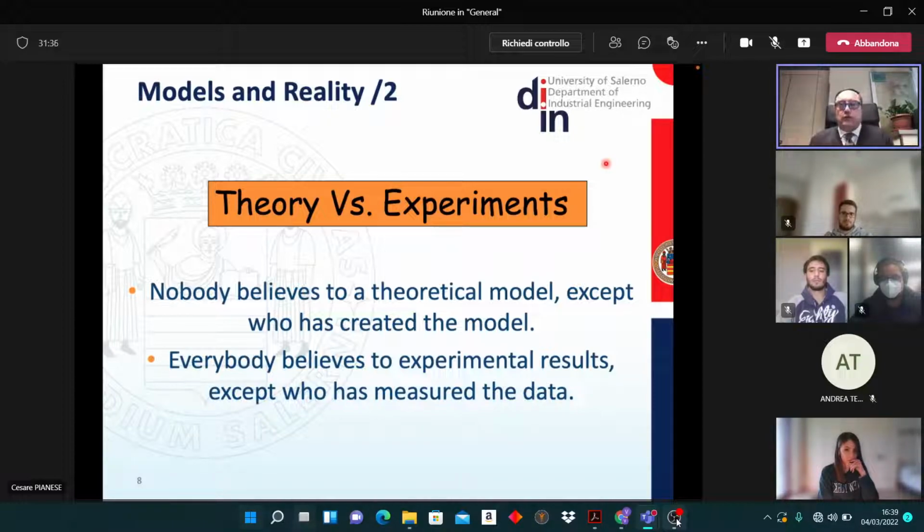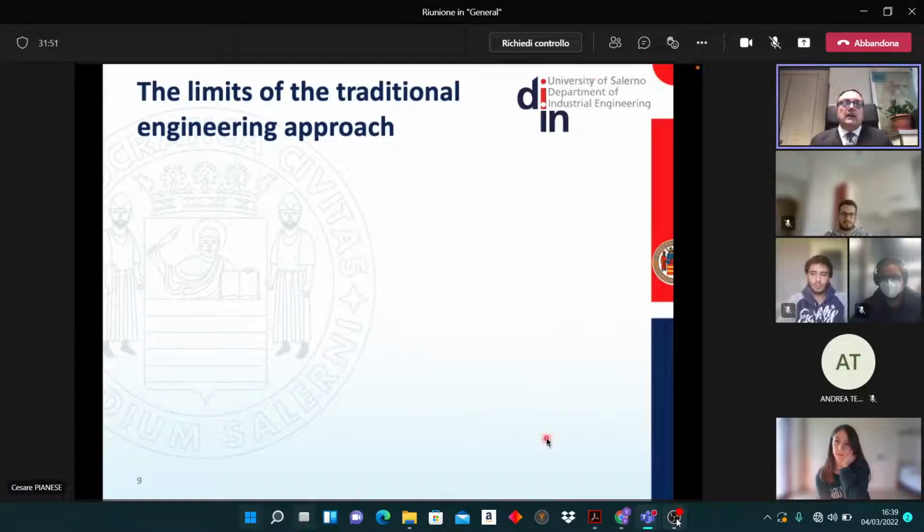For sure. I have had the privilege as a researcher in my professional career to do both experiments and measurements, and I say that this is completely true.